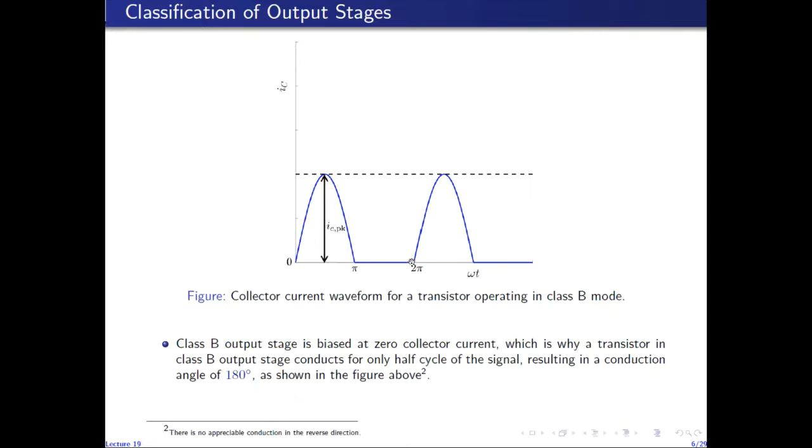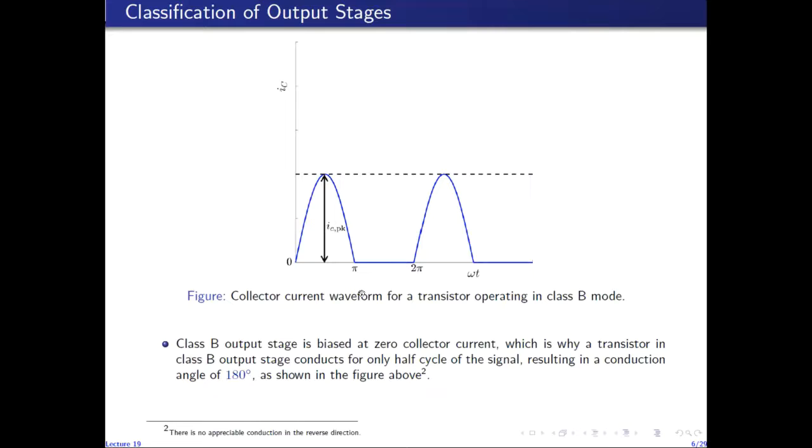In the other half cycle, it does not conduct, because a transistor cannot conduct negative current, so it goes into cutoff. Such output stages which are biased at 0 current are called class B output stages. The transistors operating in class B output stages conduct for half the cycle of the input signal, so their conduction angle is 180 degrees.